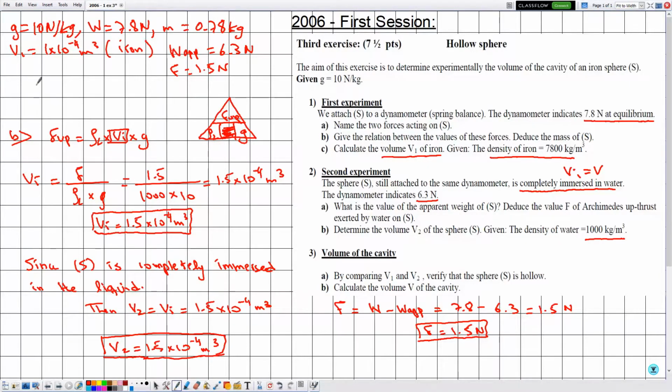Let me write here that V2 is given by 1.5 times 10 to the power minus 4 meter cube. So this is the outer volume of the sphere, because it's due to water displacement, or due to the immersed volume.